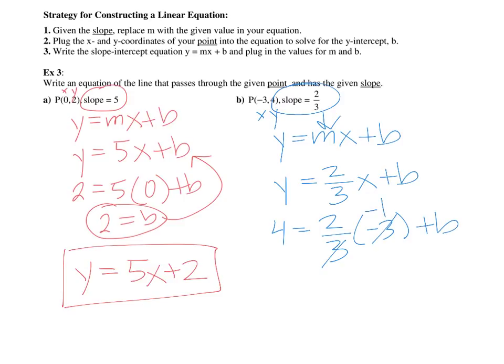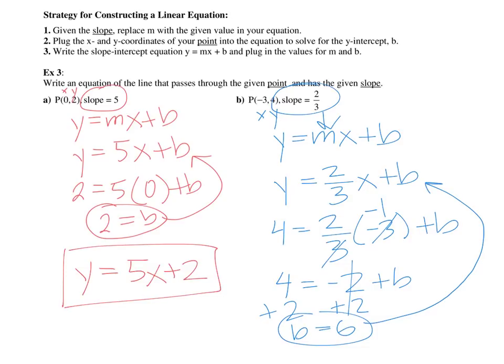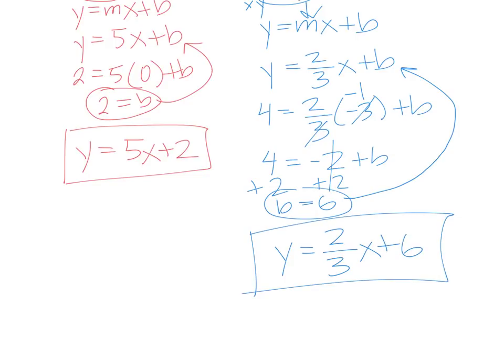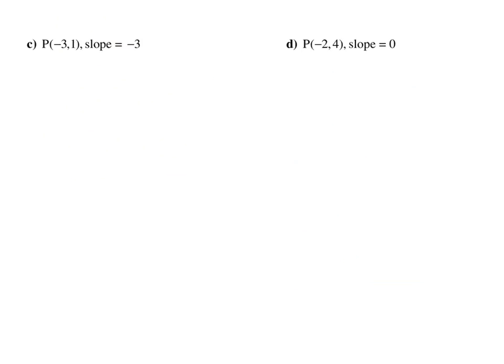I'm left with -1 though on top. Be careful with that negative. So I have -2 plus b. I'm going to add 2, and I have b equals 6. I take that b and plug it back in. So now I end up with y is equal to 2/3 x plus 6. Piece of cake, really easy to solve. Let's do 2 more examples.